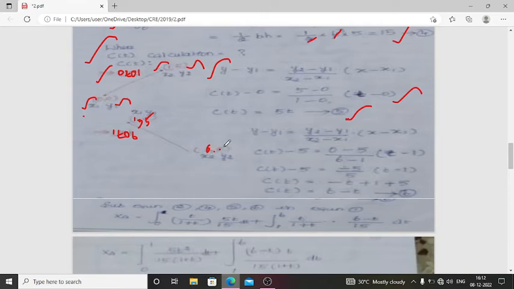Here 6 is x2 and 0 is y2, and x1 is 1 and y1 is 5. Using the equation, y minus y1 equals (y2 minus y1) divided by (x2 minus x1) into (x minus x1).